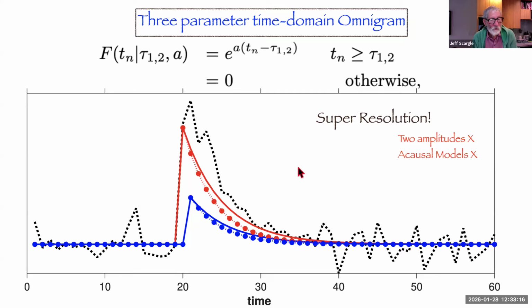I was completely blown away by this, because it's well known that separating overlapping shapes in the time domain is an essentially ill-posed problem. When the overlap is big enough, it becomes impossible. But in the same sense, this is actually the same logic that's going on in the super resolution in frequency, I believe.